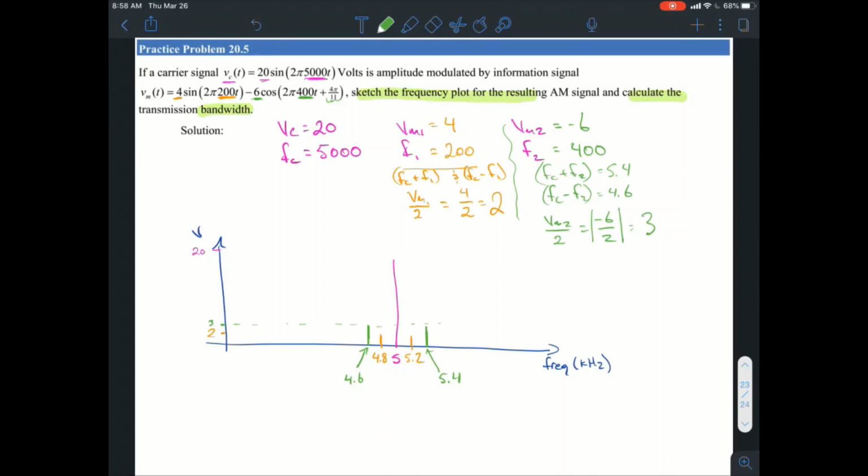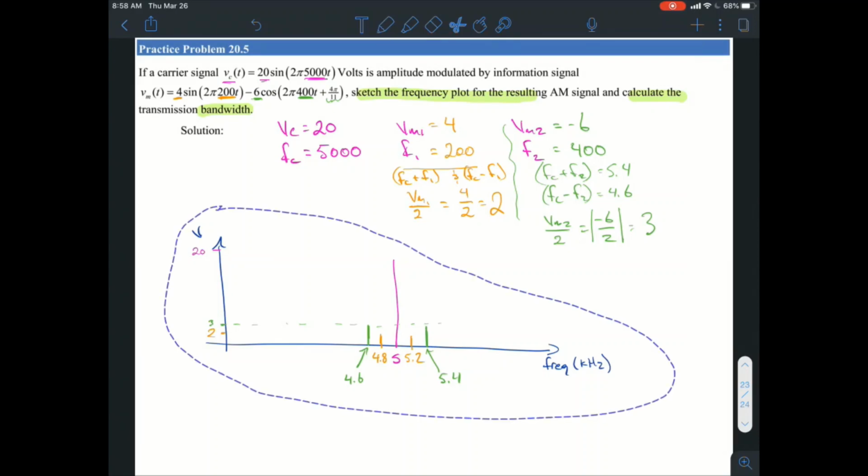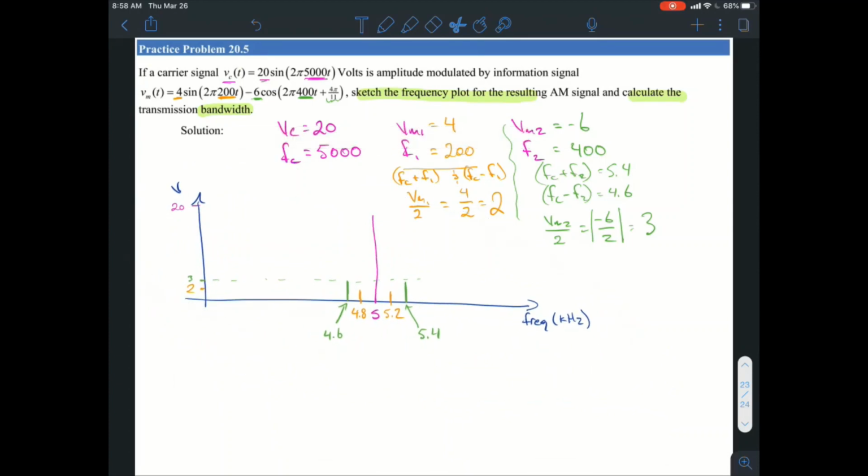So now that we have that plotted out, we should be able to calculate what our bandwidth is going to be. Let me move this out of the way. There we are.